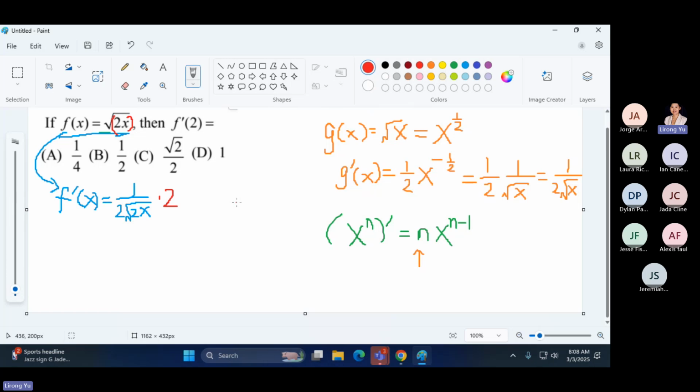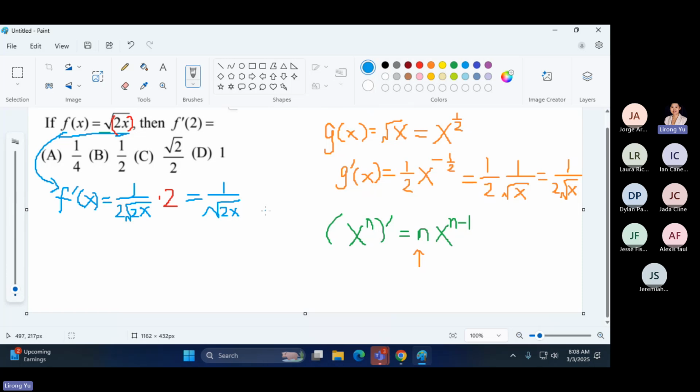Inside the root, the square root of 2 is irrational, so the 2 inside the root has to stay there. But the 2 outside the root will cancel the 2 that we multiplied. So after we cancel, 2 times 1/2 is 1. So we have 1 over root of 2x. This is the derivative of root of 2x: 1 over root of 2x.